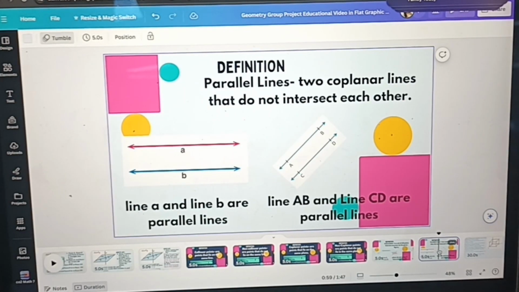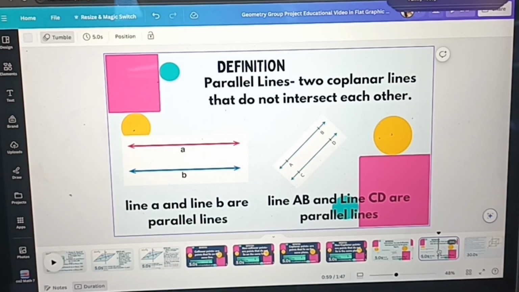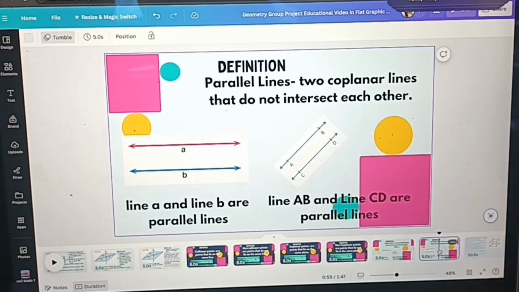Okay, now, when we say parallel line, ibig sabihin ito yung two coplanar lines that do not intersect each other. Kumbaga, ito yung sa crush pa na nato, magsigi ka lang og ibog-ibog sa iyaha, but never na maging kayo. So, ibig sabihin, parallel lines, hindi kayo mag-intersect.